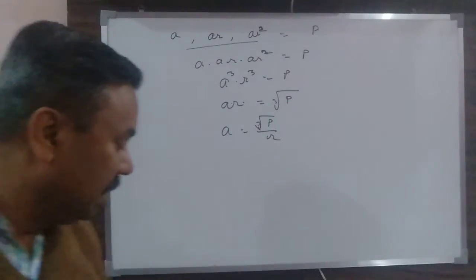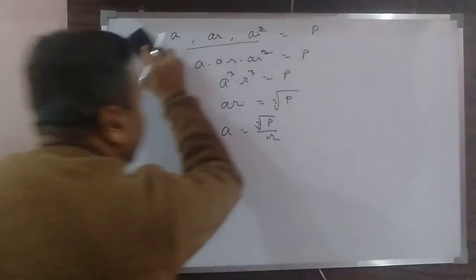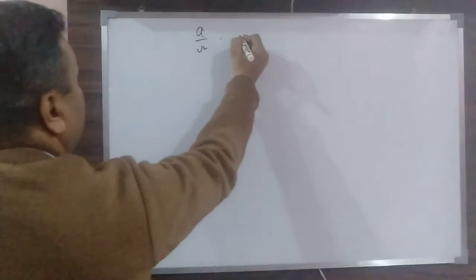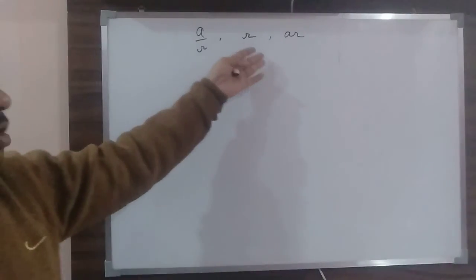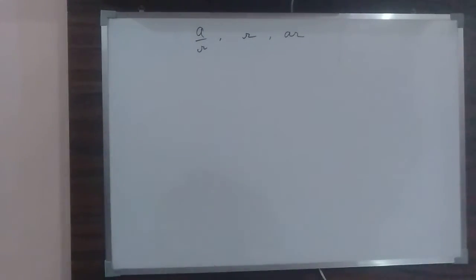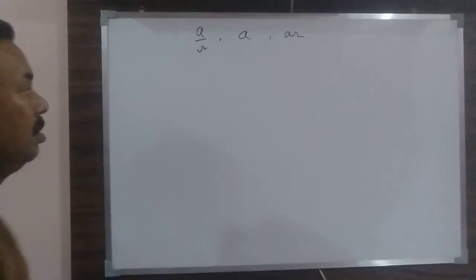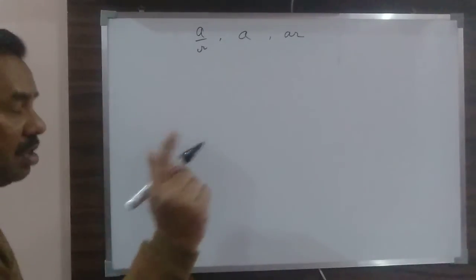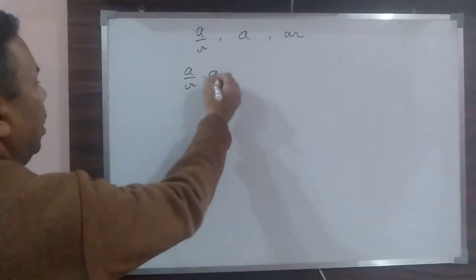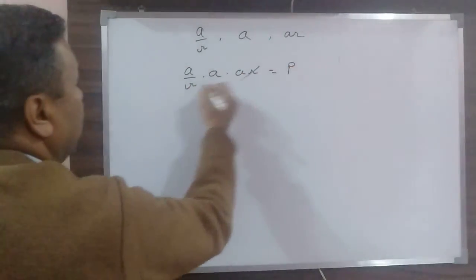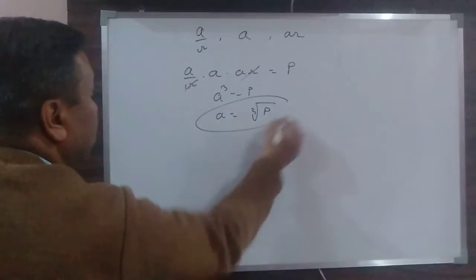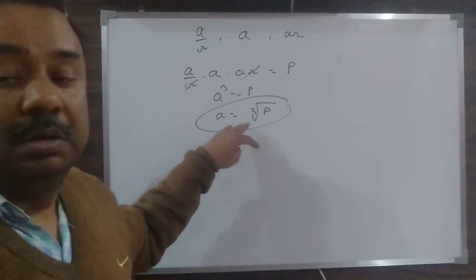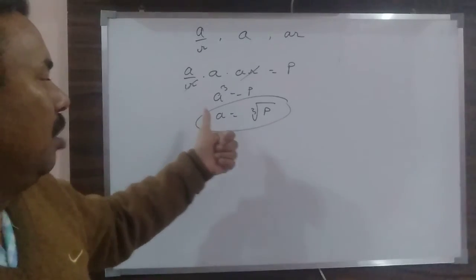Just to reduce this, now you see, if I use a trick, instead of using this, if my selection of terms is A over R, A, and AR, again the ratio is same, but in this case it will be A, not R. So in this case, if I use the first, like as I said, the product of this, A into AR is equal to P. In this case, R gets cancelled, A cube is equal to P, so A is equal to cube root of P, and this gives you directly the value of one of the variables.